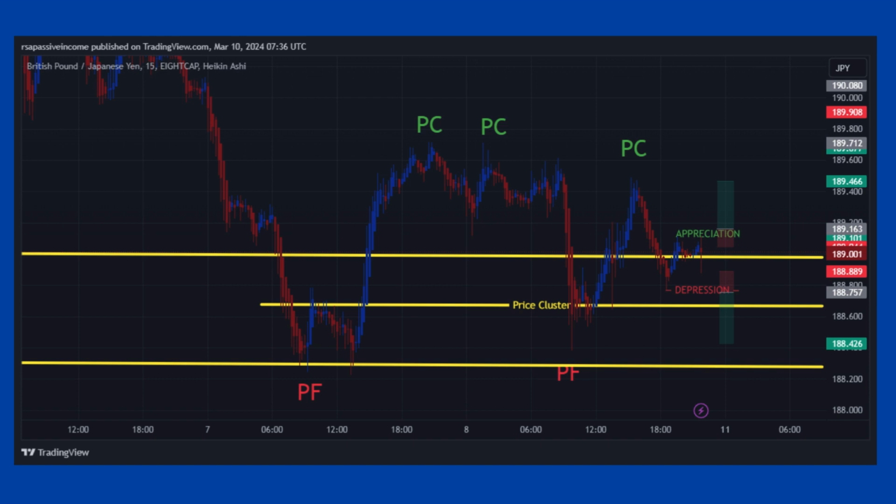My target normally, if there's a price clutter, I put it at a price clutter here with a trailing stop. However, I start with my first maximum profit, which is 1 is to 2.5. So as you see, this is how I predict the market to move.